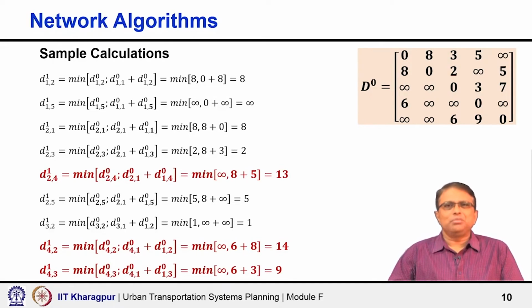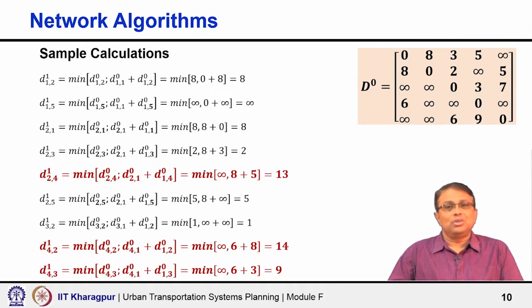So, I update my cost, and I have to change the predecessor for destination node 2 and home node 4. So for 4 to 2, I know now my predecessor node for 2 should be 1 instead of 4 directly. That I need to update.